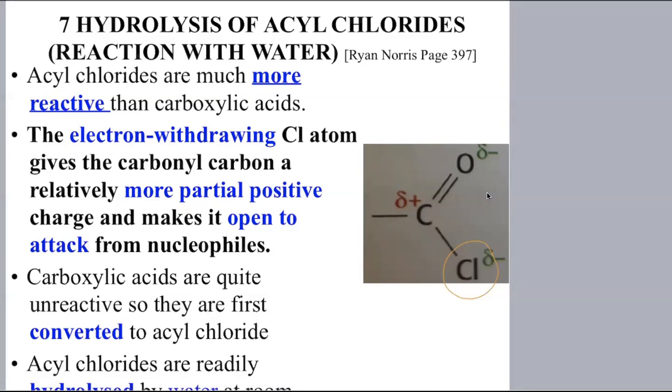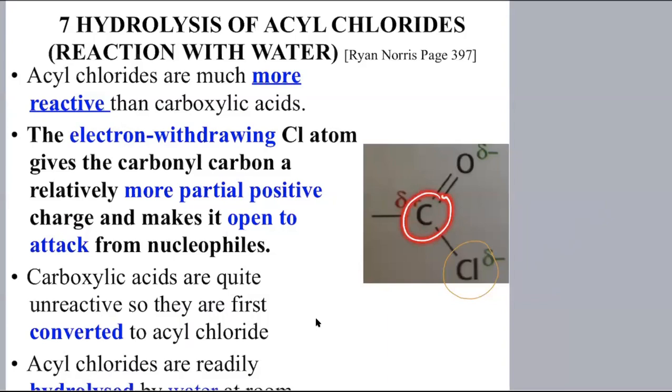When we look at the structure of the acyl chloride, you have something similar in your notes as well. Notice that this carbon of the carbonyl is attached to two highly electronegative atoms.